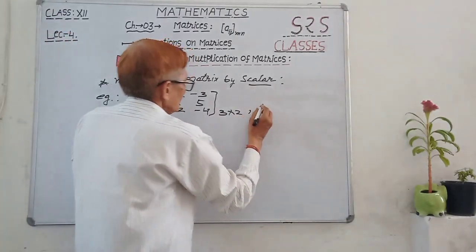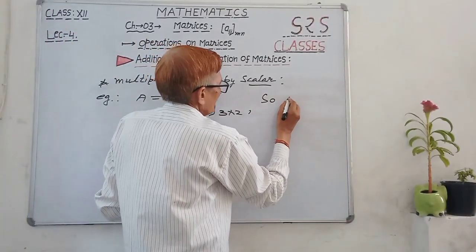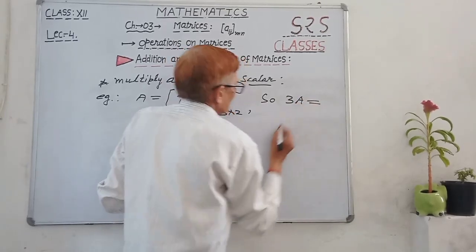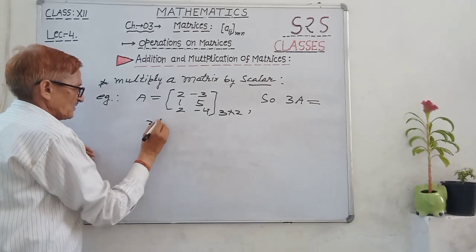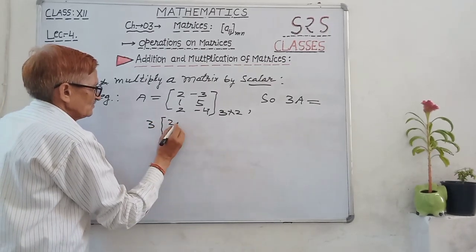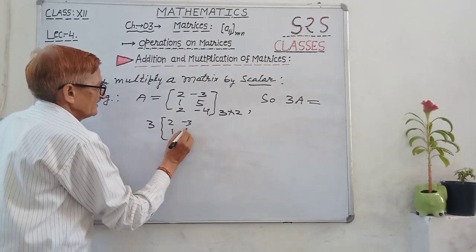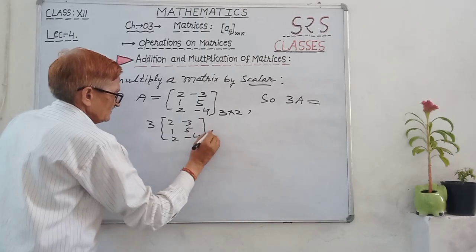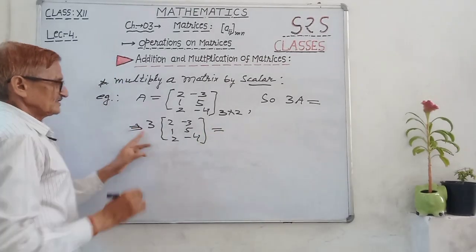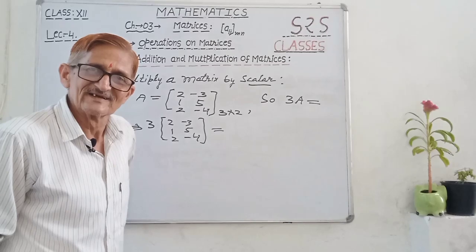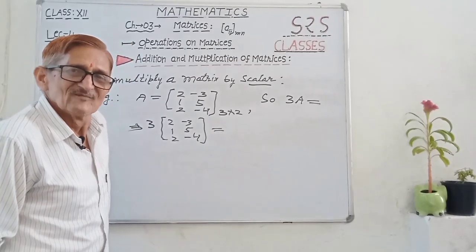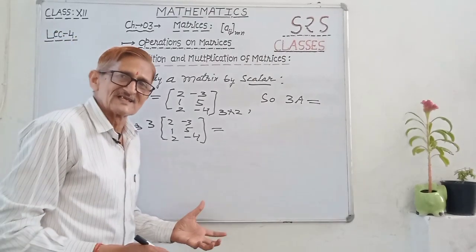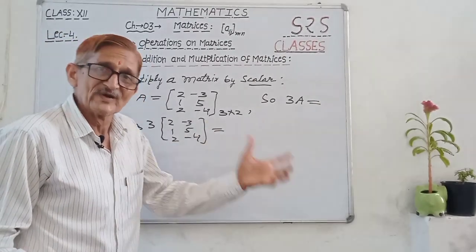So now, if you want 3A, so 3 into A will be equal 3 multiply this A, 2 -3, 1, 5, 2, -4. This will be equal 3 multiplied to each element here. Okay, this is the multiplication by a scalar to the any matrix. Multiply by this scalar in each element of a matrix.